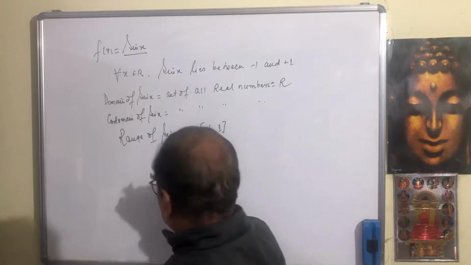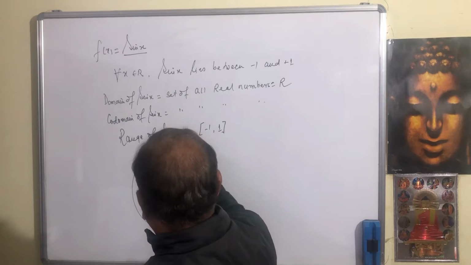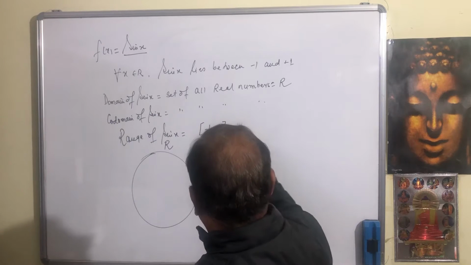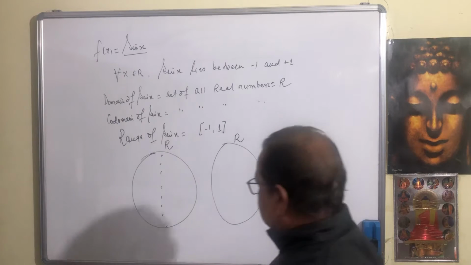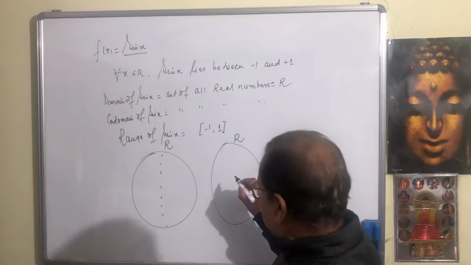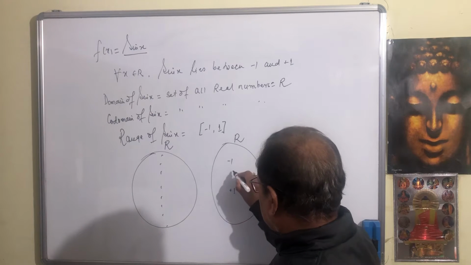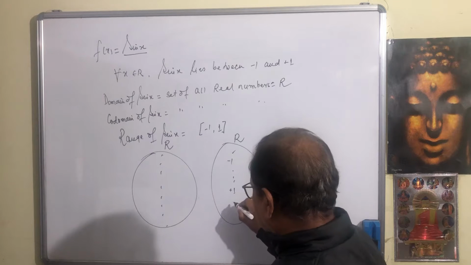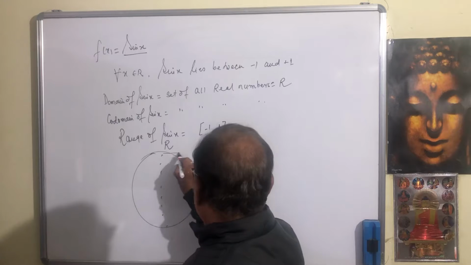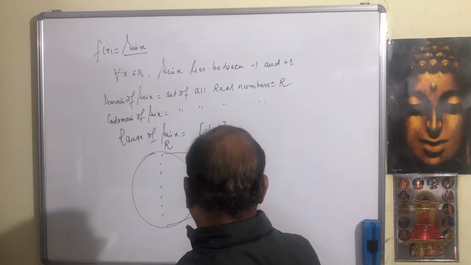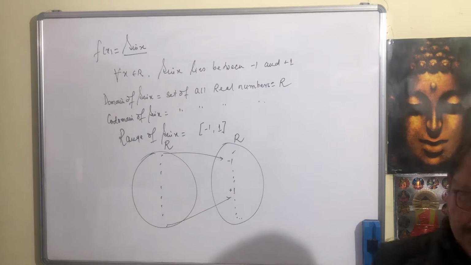In the pictorial diagram, we can have it like this. Here is the domain and here is the codomain. That means all values of the domain have their images in the codomain, and here the value lies between -1 and +1. But there are many real numbers, that means all elements of this lie between -1 and +1. So this is not 1-1 and onto.